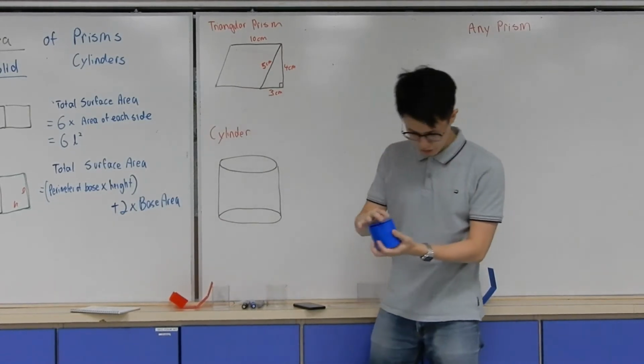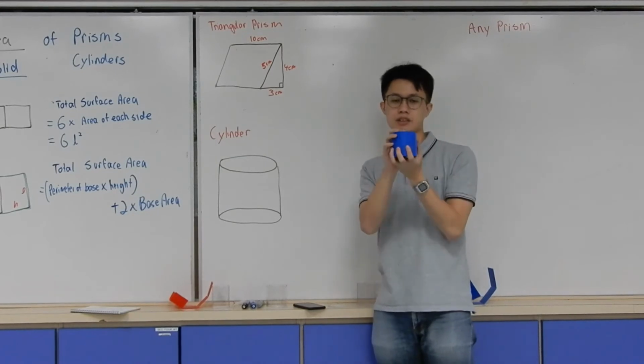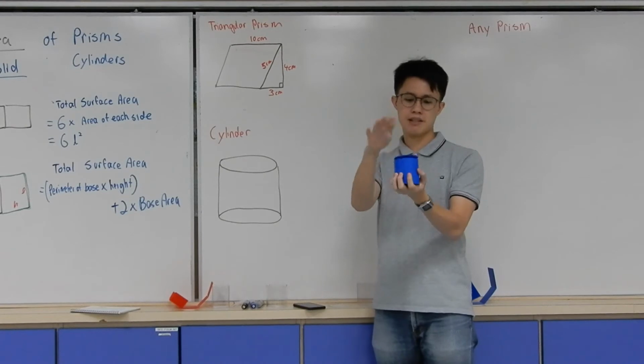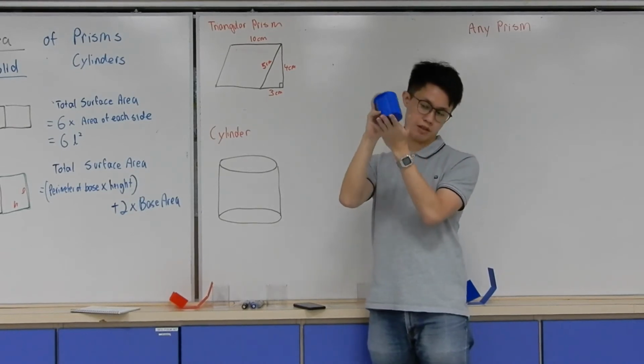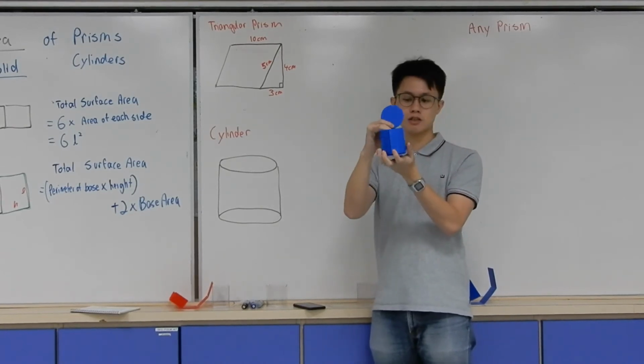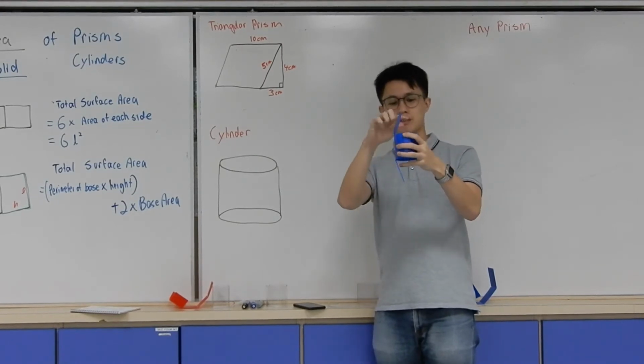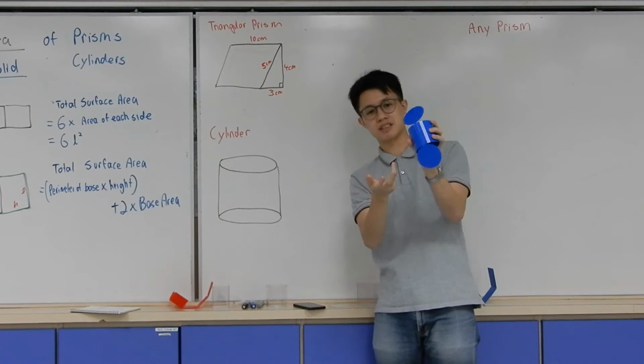If I want to find the total surface area, it will be the outside that I can touch. Now we know that the base here is a circle, so the cross section is a circle. So we can simply find the area of the circle. We know that it's part of the total surface area. That's definitely the area of the circle.